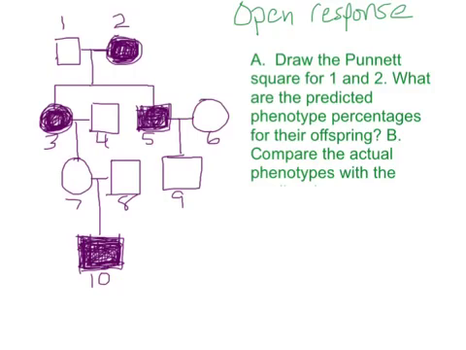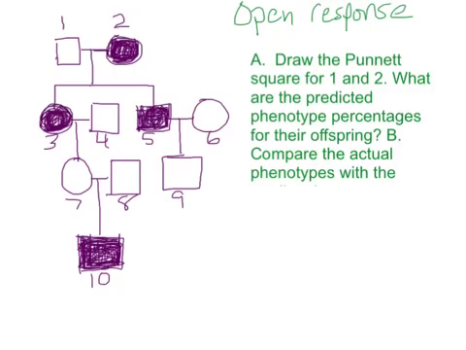Remember that Punnett squares are always a prediction of offspring. We're using them to predict something. They're not the actual offspring, so we're often comparing them. If we draw the Punnett square for 1 and 2, remember that I said we would work backwards and always start with figuring out the recessives, because we know they're homozygous recessive.